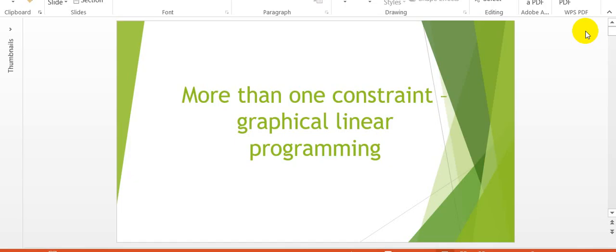So we take it up one step further to discuss where there is more than one constraint or there is more than one limiting factor using the graphical linear programming method.